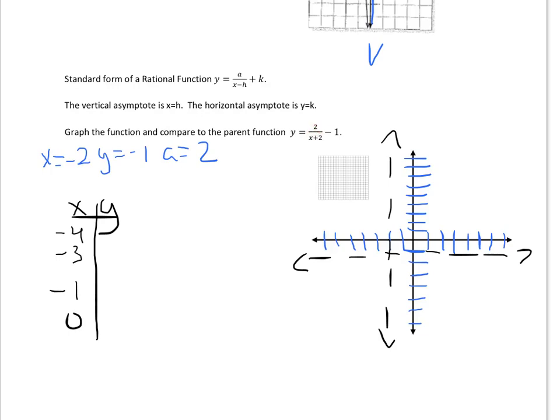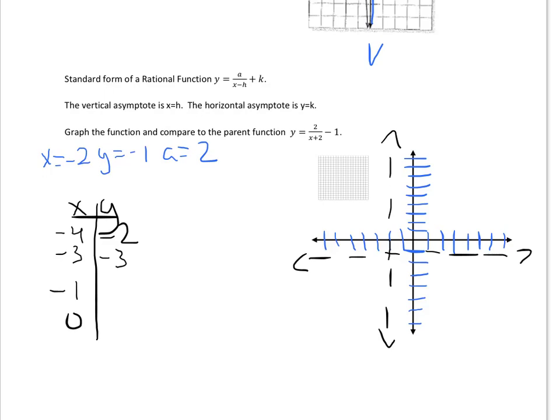Plug in the x values, calculate the y values. So if you do that, -4 plus 2 is -2, 2 divided by -2 is -1. Plug in the -3, you get -2. So graph those two points.